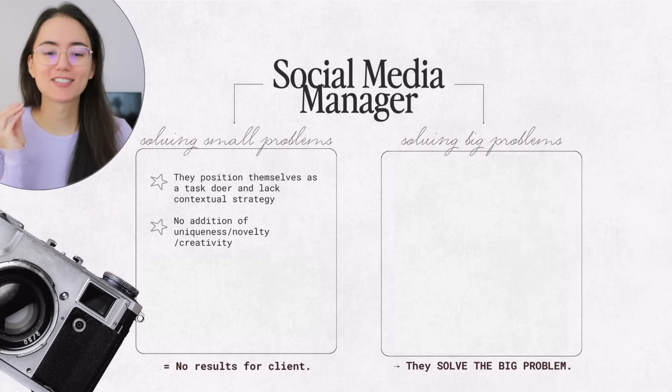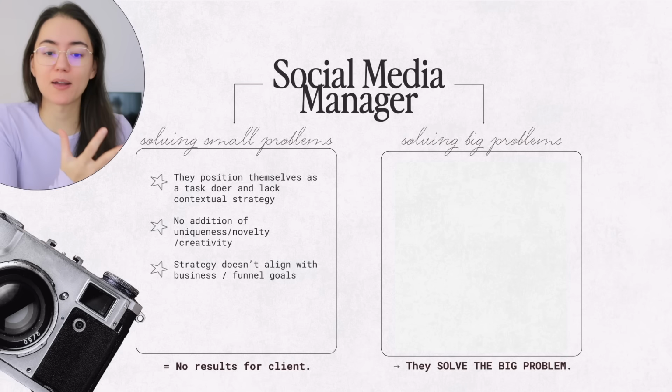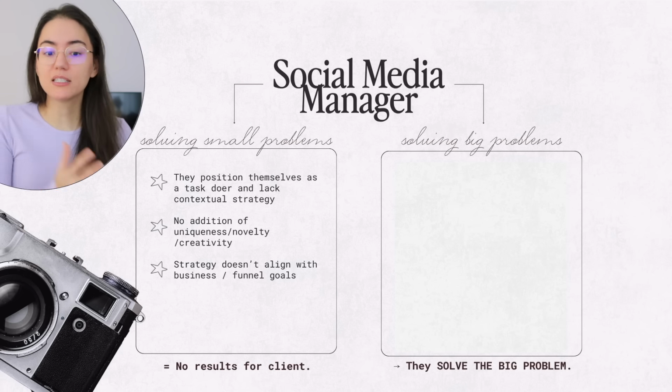An SMM that's solving a small problem might also develop strategies that don't actually take into the context properly and thus doesn't align with the business or funnel goals, all of which basically leads to no results for the client. If you don't solve the big problem for the client, which again, we just talked about is traffic, right? Driving traffic, understanding where traffic comes from, how to get it to come into the funnel, how to get people to convert, which is the big problem, you generate no results.